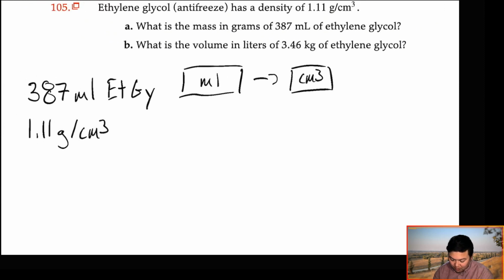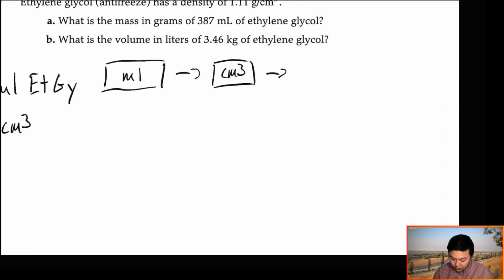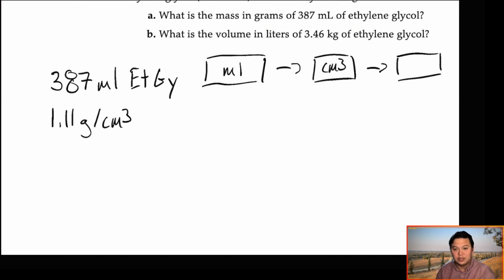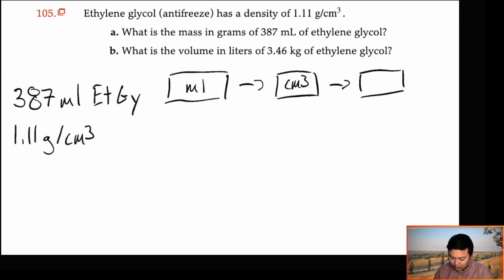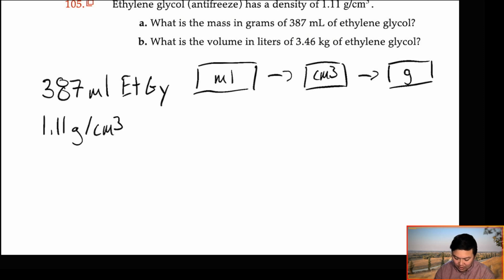And then from cubic centimeters, now we'll use our density as a conversion factor. And we would see the mass in grams, right? So then we're going to end up with grams here. And we can see that we have cubic centimeters on the denominator and grams on the numerator.